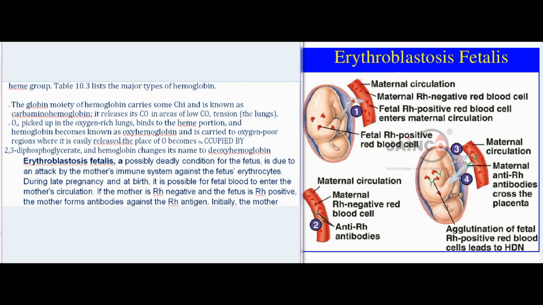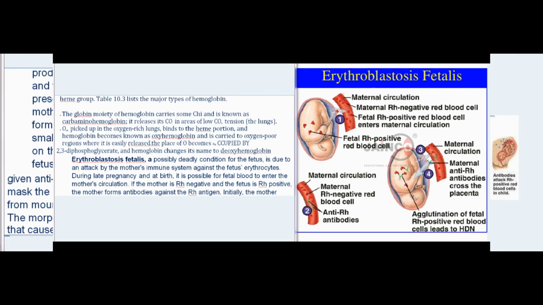Erythroblastosis fetalis, a possibly deadly condition for the fetus, is due to an attack by the mother's immune system against the fetus' erythrocytes. During late pregnancy and at birth, it is possible for fetal blood to enter the mother's circulation. If the mother is Rh negative and the fetus is Rh positive, the mother forms antibodies against the Rh antigen.